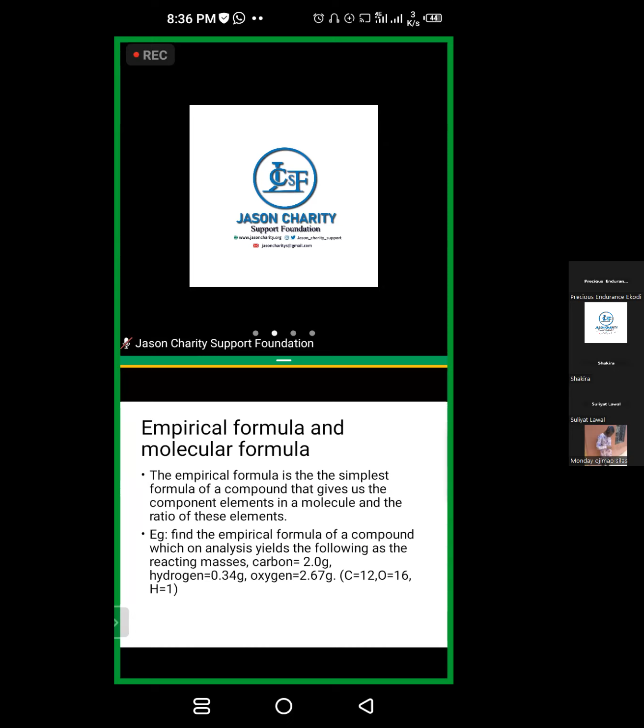Let's see an example. Find the empirical formula of a compound which on analysis yields the following: 2 grams of carbon, 0.34 grams of hydrogen, and 2.67 grams of oxygen. We have the atomic masses: C equals 12, O equals 16, and H equals 1.